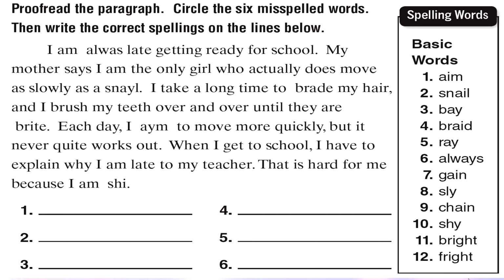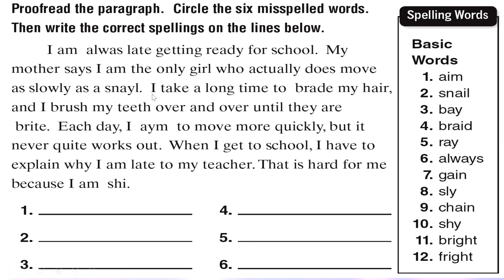Now let's read this paragraph and proofread it. I am always late getting ready for school. Please circle the mistake. My mother says I am the only girl who actually does move as slowly as a snail.